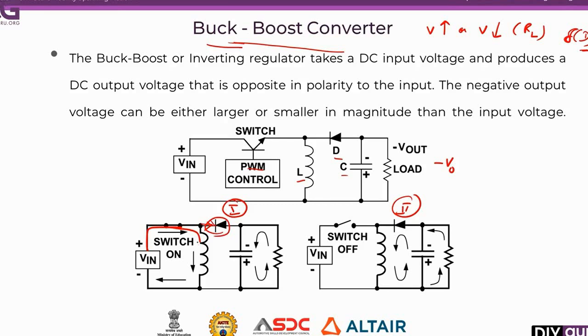So the full current will flow through the inductance and reach here. Also, some amount of the current can flow through the capacitor, so that this capacitor can get charged. I repeat, when the switch is closed, current from the battery flows through the inductor, so the polarity of the inductor will be plus and minus here.